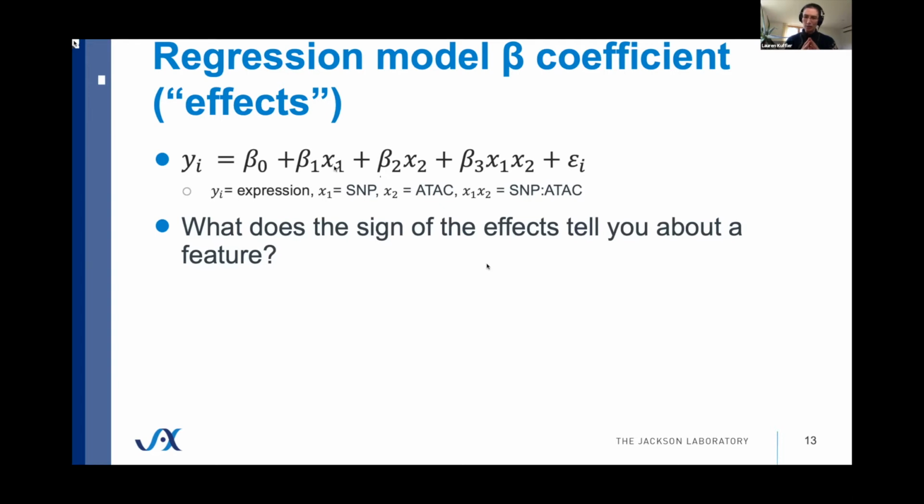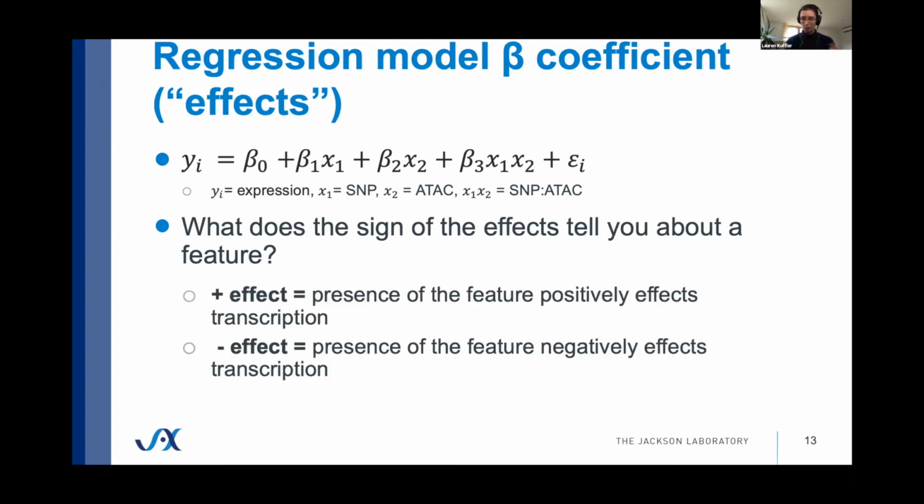And these effects can't always give you precise information about fine distinctions between models, but they can give you more general trends, like functional categories of regulation based on the pattern of positive or negative signs of these effects. So positive effects are more associated with more transcription of a gene, and negative effects with less expression.